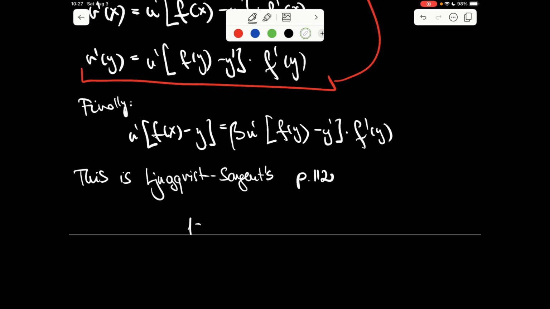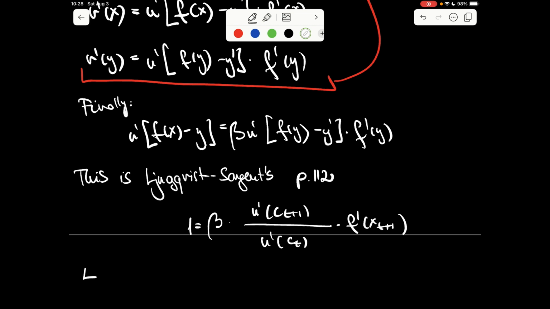This is in other form. This is the Euler equation of the problem.